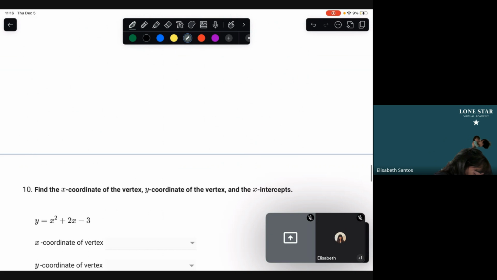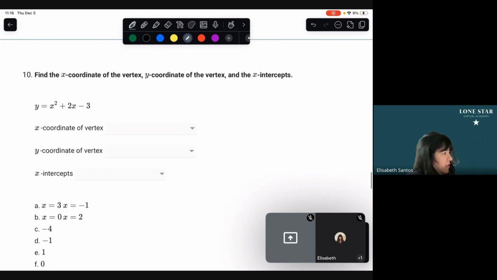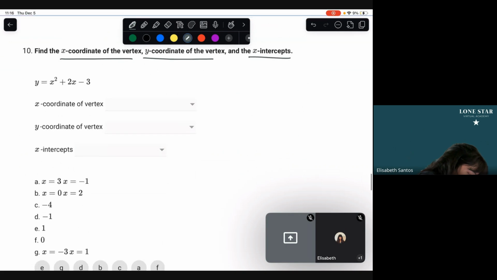So now let's look at number 10. Find the x-coordinate of the vertex, the y-coordinate of the vertex, and the x-intercepts. So here's our quadratic. It is in standard form, meaning it is of the form ax squared plus bx plus c.